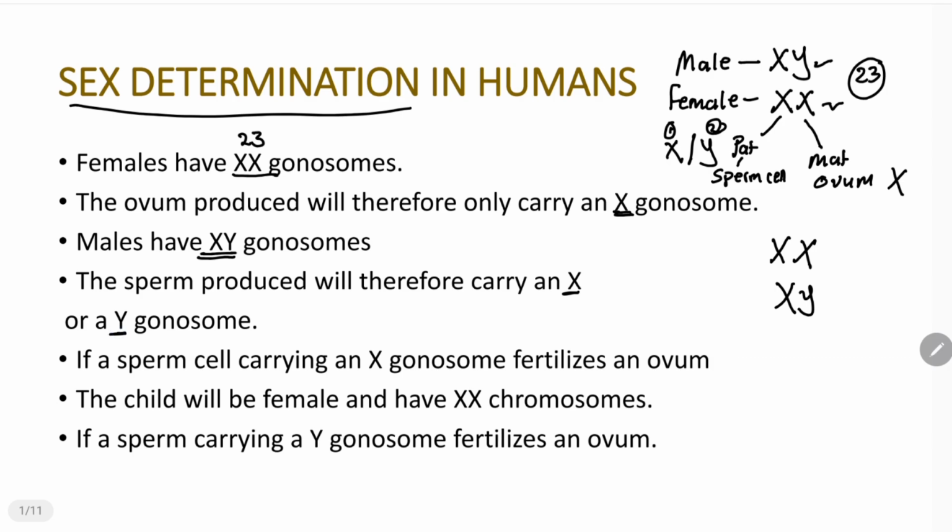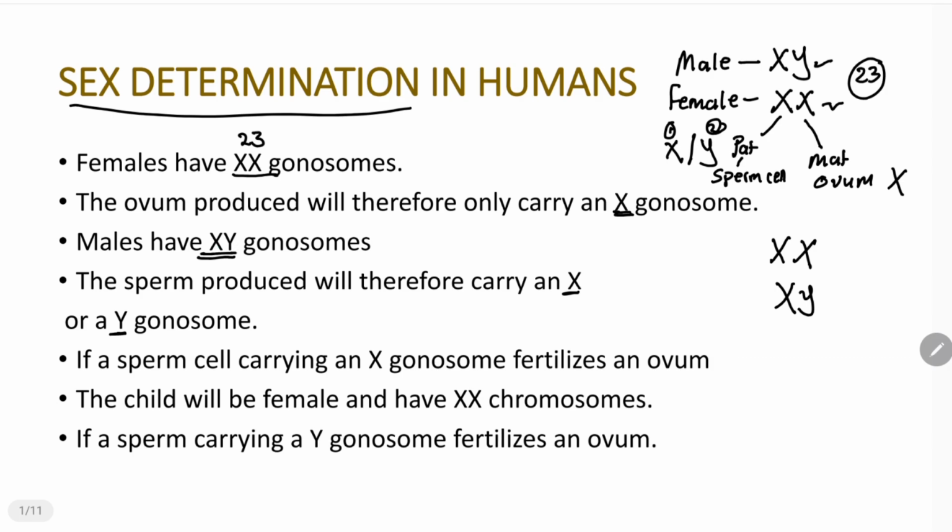So it can be one of two. It will be an X or a Y chromosome. This is in a sperm cell. But with an ovum, it will only be an X chromosome, because the chromosomes of the female are XX. But with the sperm cell, the chromosomes can be X or they can be Y, and that is simply because the chromosomes of a male are XY, right?